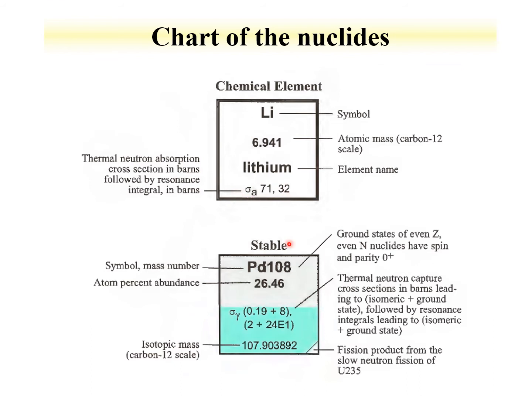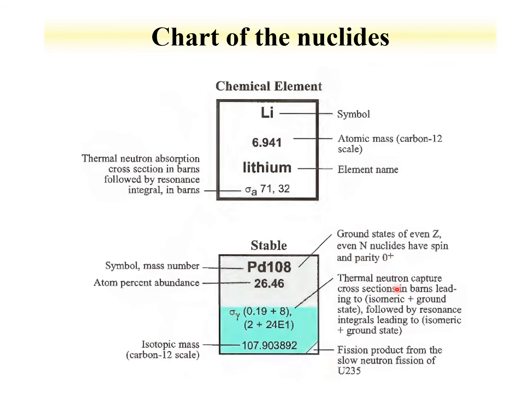For a stable isotope, which is listed in gray, stable or very long-lived isotopes are in gray, you get the symbol, the mass, the atomic percent abundance, the ground state spin and parity, as we stated earlier. Even nuclei are 0+.